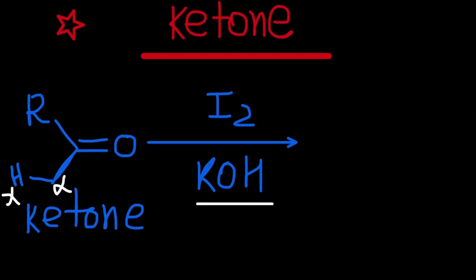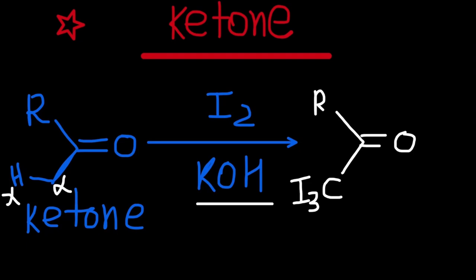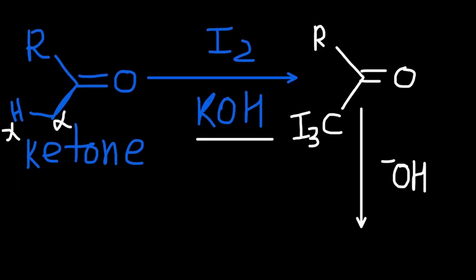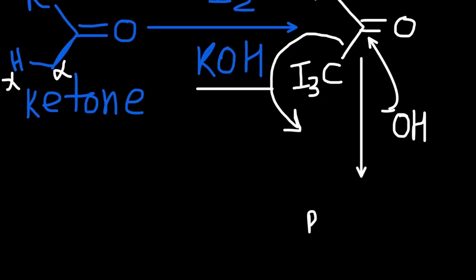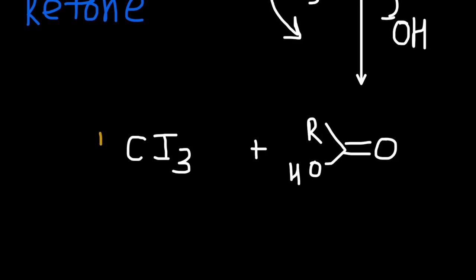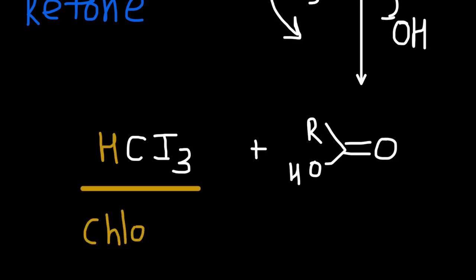The alpha hydrogen will be substituted by iodine atoms and we get CI3, then OH minus attacks the carbonyl carbon, the CI3 group will be removed and the product is a carboxylic acid. Finally, the carbon will be protonated and we get iodoform.